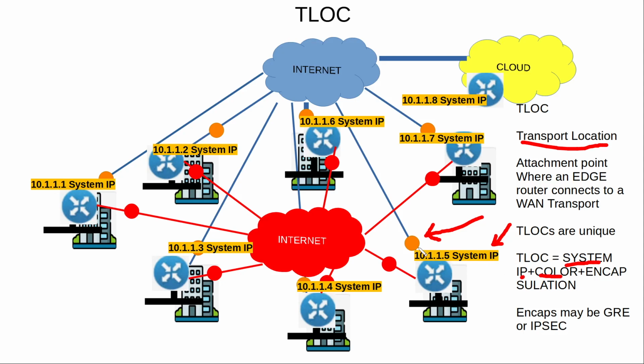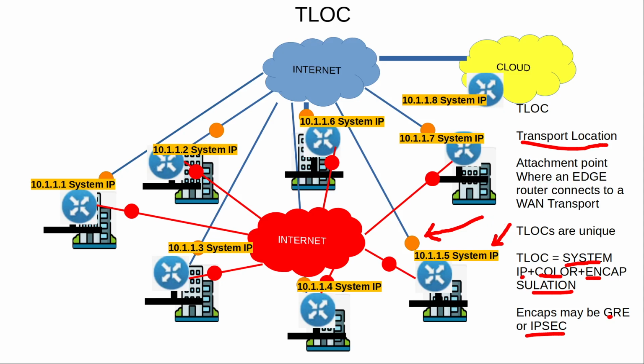Remember that colors identify transports. And encapsulation type. Remember that we can use GRE or IPsec tunnels, so this TLOC will let you know from which edge device it is coming, to what type of transport it is connected, and what type of tunnel it is using.